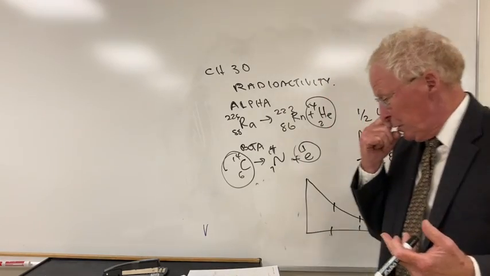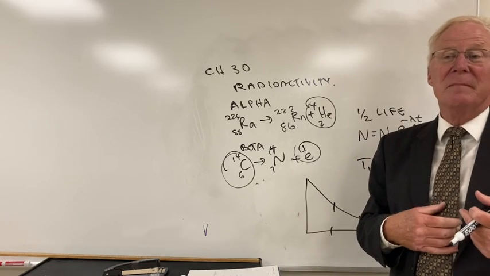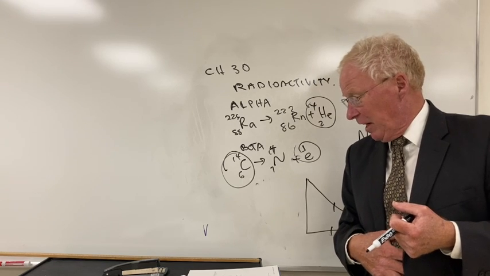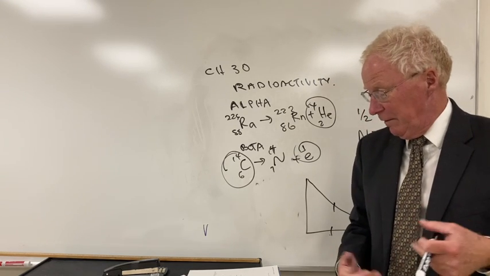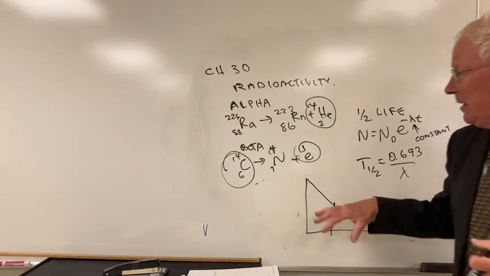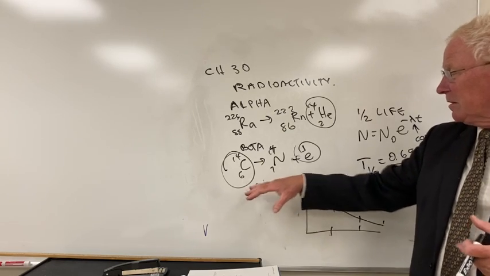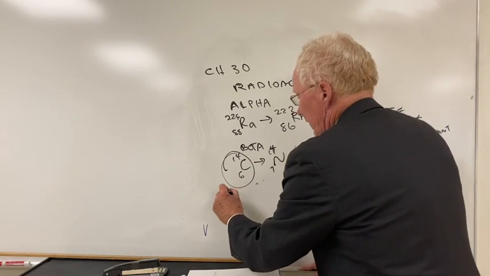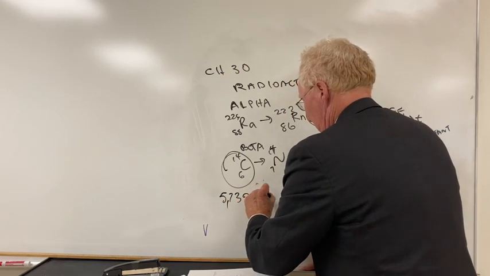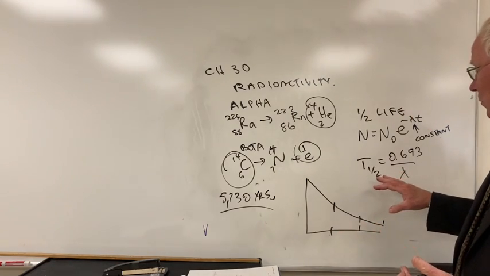Or we use longer-lived isotopes like uranium, which have a longer half-life, for dating rocks and such. But the main thing is carbon-14 is interesting because it has a half-life of 5,730 years. So that's why it was able to be used.